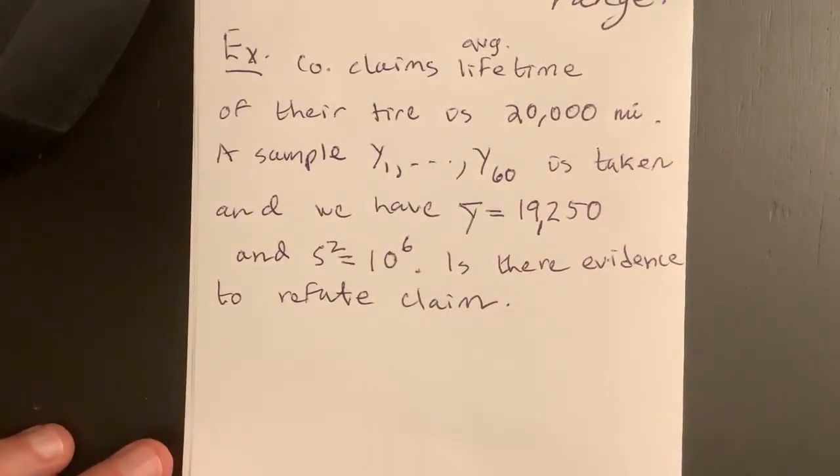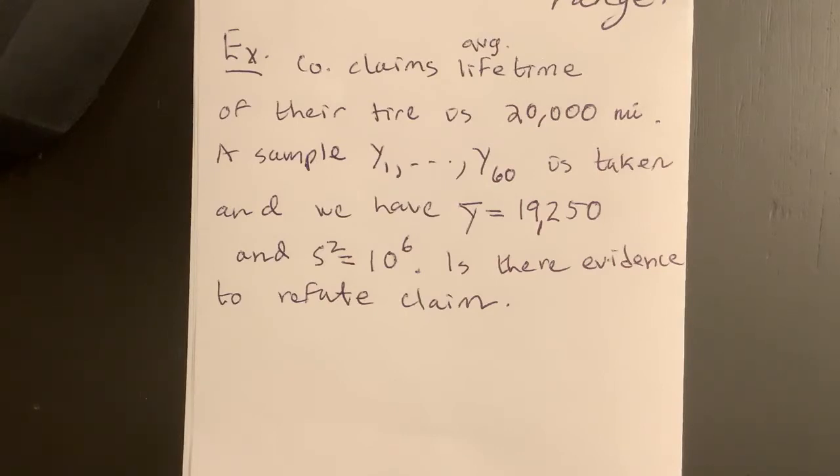Some might argue already there is, since it's lower, but really there's some natural statistical variation. They did not claim there wasn't. They said on the average, it should be 20,000. They didn't say on the average for this particular batch of 60. They mean on the average, asymptotically, if you took all of them.